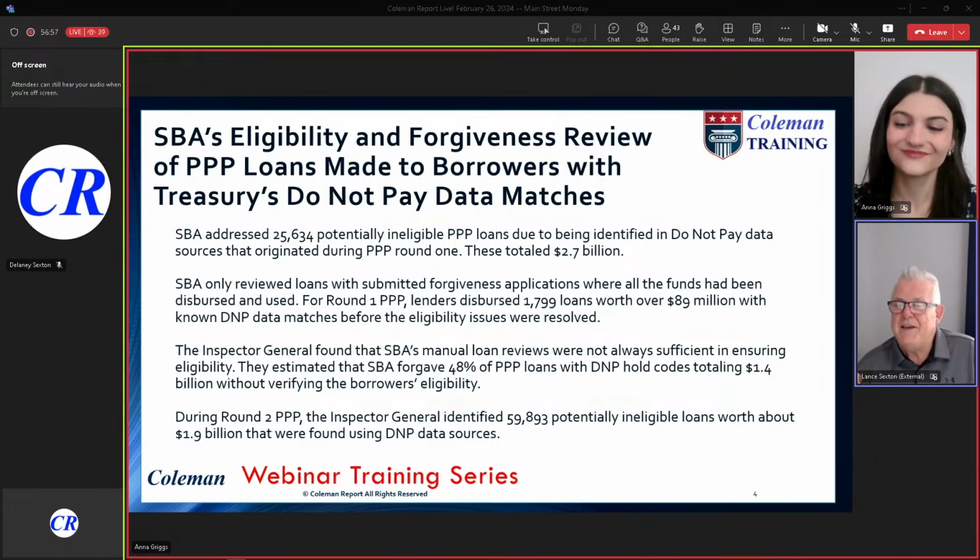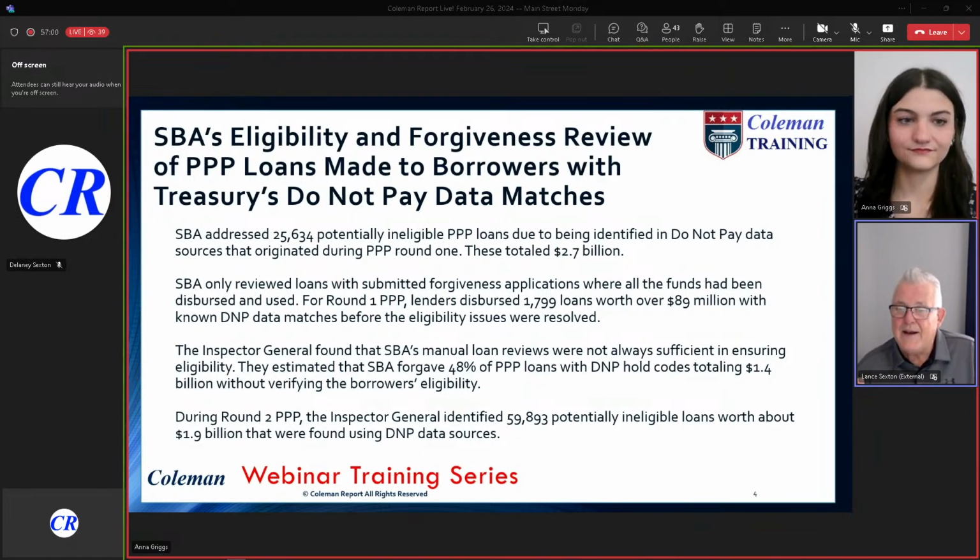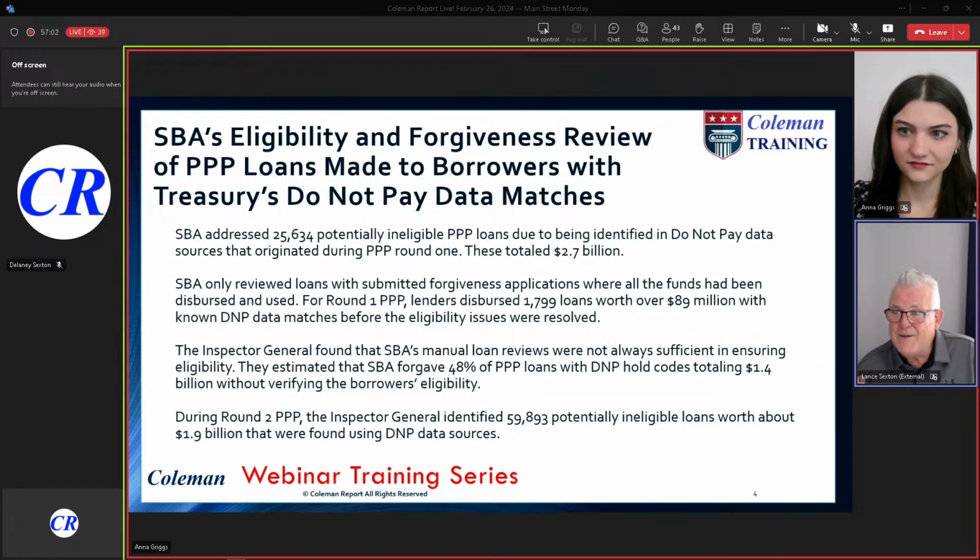Now, the interesting thing is that do not pay data list is going to grow dramatically because of PPP, because of those people who committed fraud during PPP or those who let their PPP loans be charged off. But there were quite a number of loans, almost $2.7 billion in financing that got through. Now, in round two, SBA had an eligibility check in place that should have caught them.